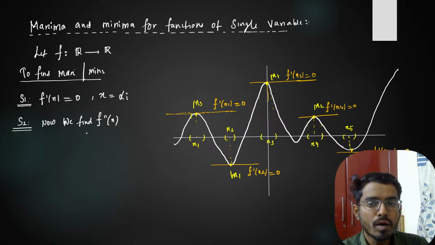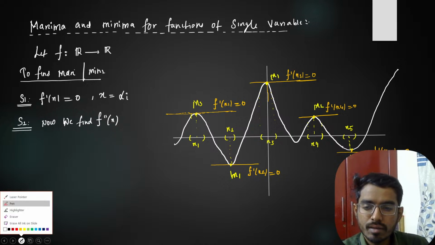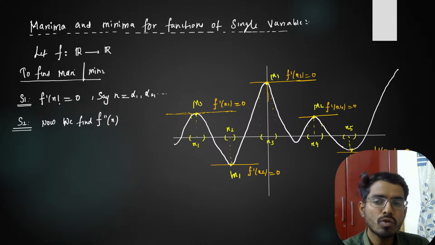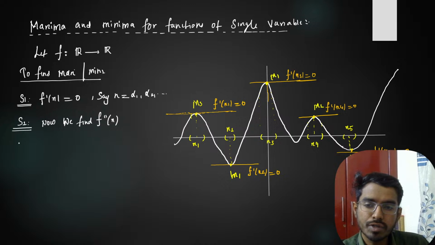Now we substitute every point in f double dash. Let us say alpha 1, alpha 2, alpha 3 be the roots of f dash of x equal to 0. Now you substitute all those points in f double dash.